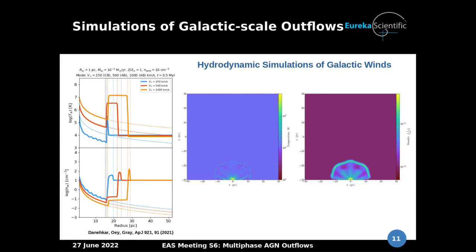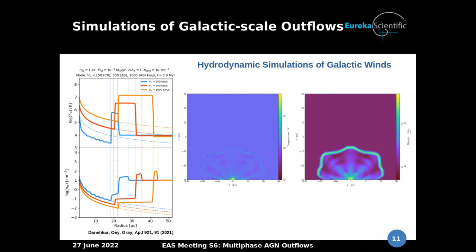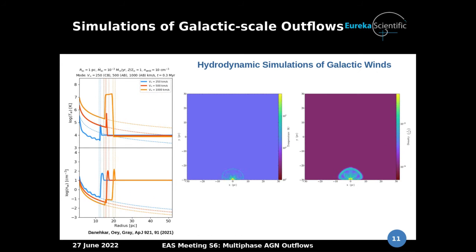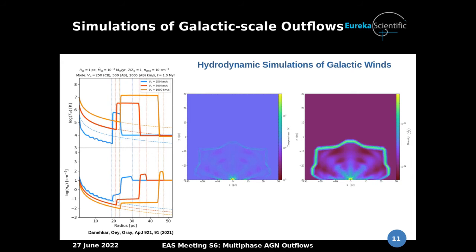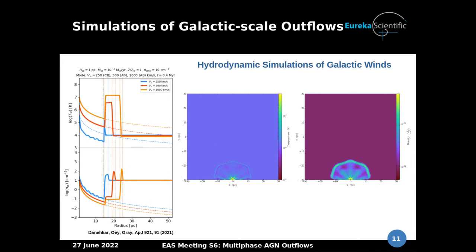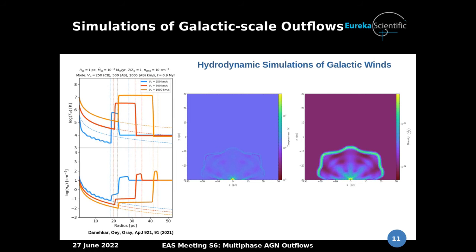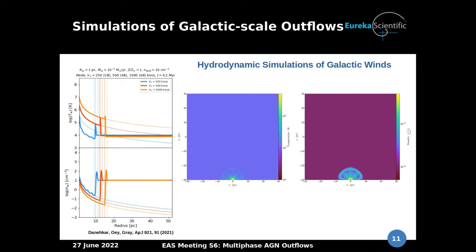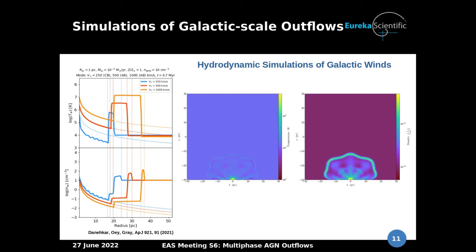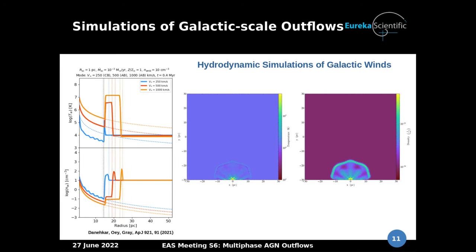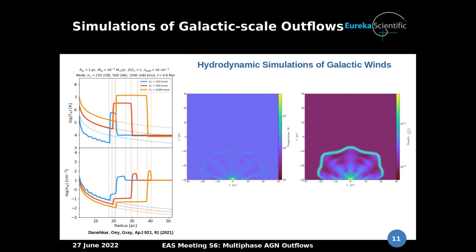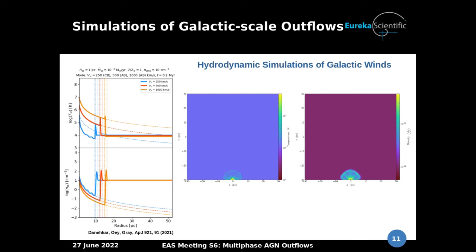And here you see an example of our hydrodynamic simulations. There are 3 different winds with 250, 500, and 1000 km/s. And as you see, in the slower wind, we have stronger radiative cooling, which contributes to a departure from adiabatic flow.